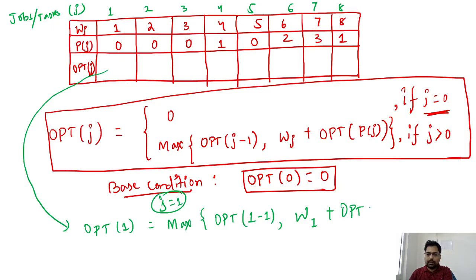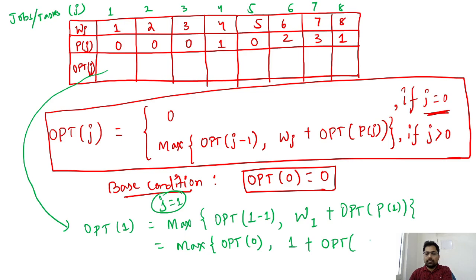Next, OPT P of 1, in place of J I'm putting 1: max of OPT 1 minus 1, which is 0, and W of 1, the weight of 1 is 1, plus OPT P of 1, P of 1 is 0, OPT 0, the base condition for us.